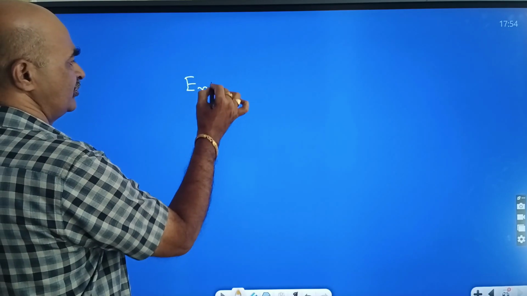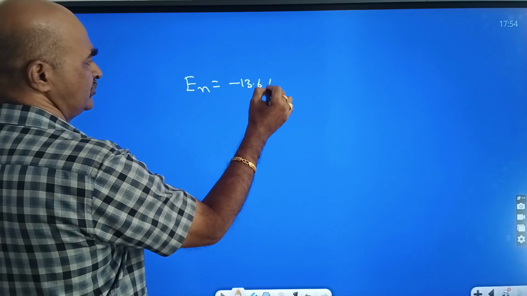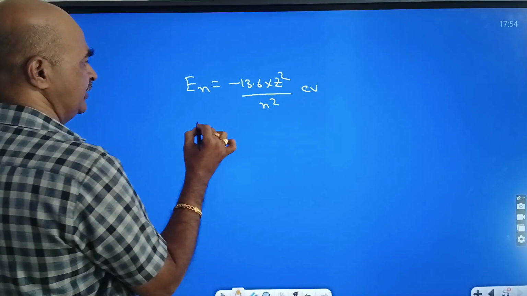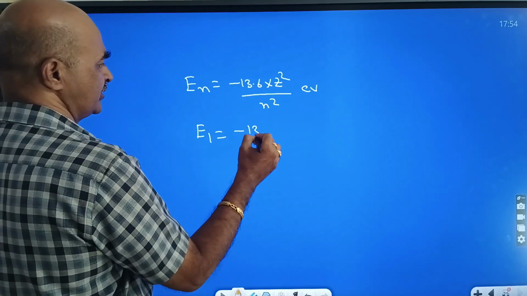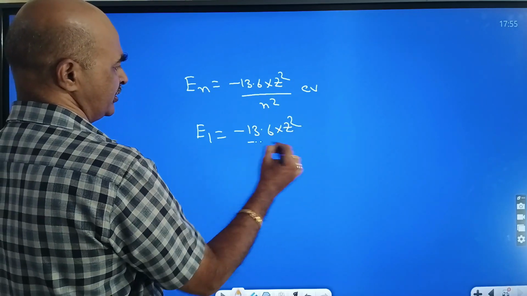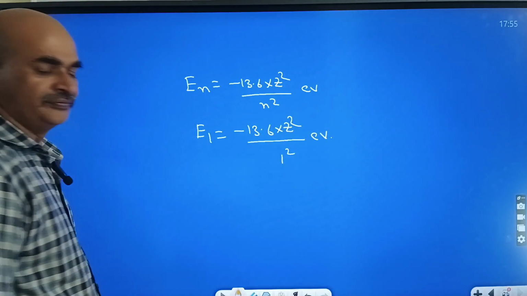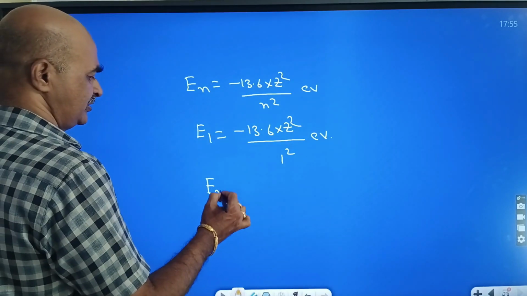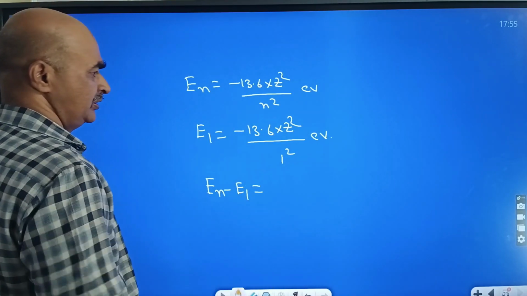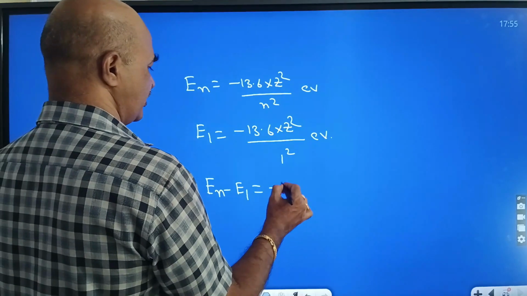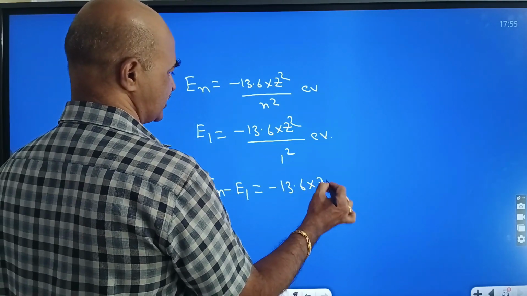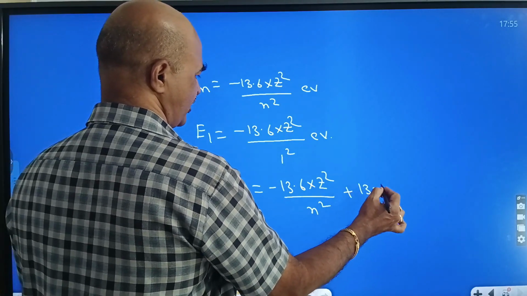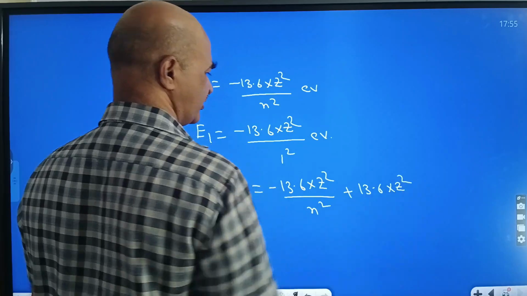Energy En is equal to minus 13.6 into Z square divided by n square electron volt. E1 is equal to minus 13.6 into Z square divided by 1 square electron volt. Okay. En minus E1 is equal to minus 13.6 into Z square divided by n square plus 13.6 into Z square.